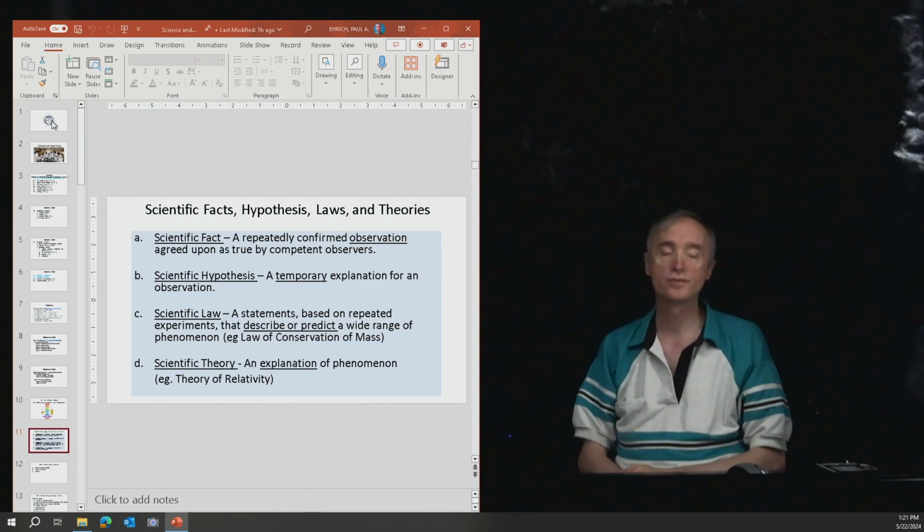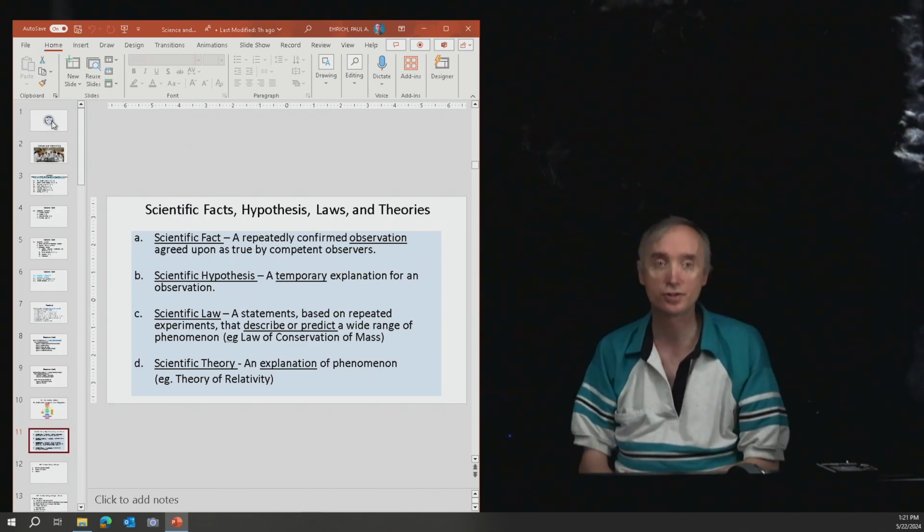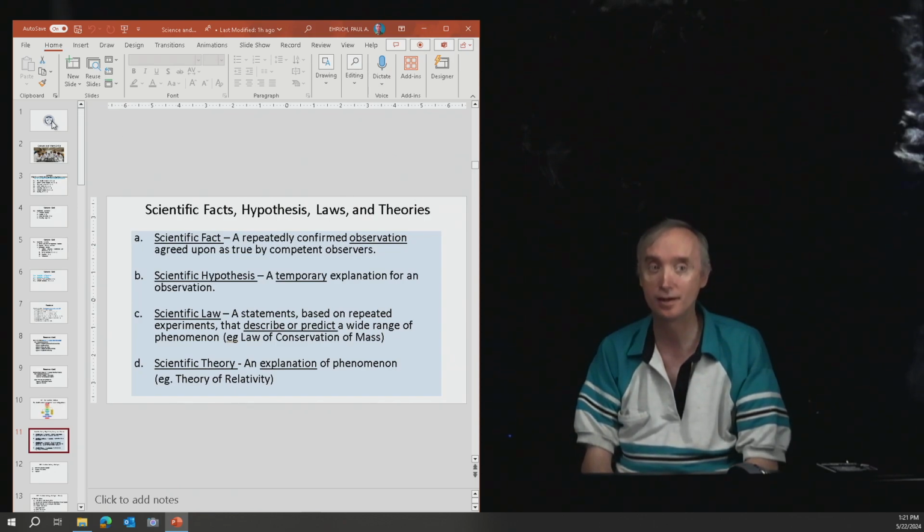Okay, here are some definitions that go with the scientific method. So what is a scientific fact? It is a repeatedly confirmed observation that is agreed upon by competent observers. Then you also have the scientific hypothesis, which is a temporary explanation to a phenomenon or an observation.